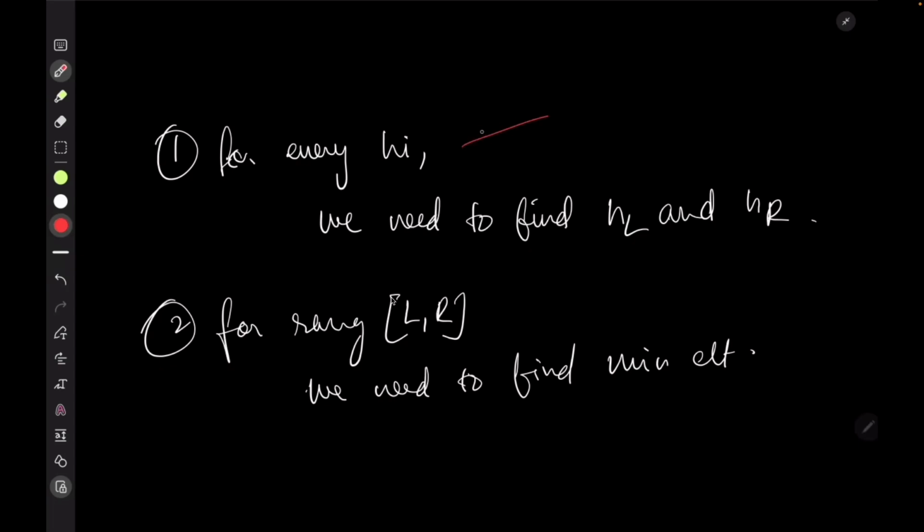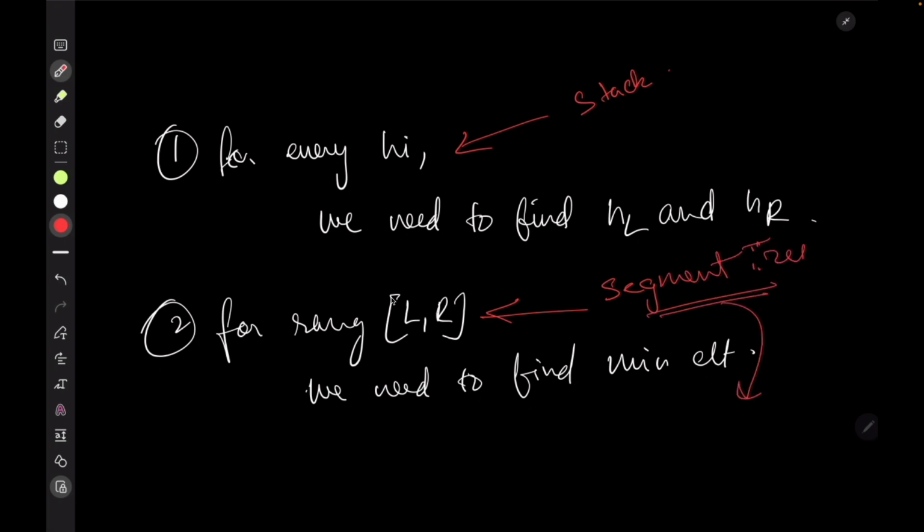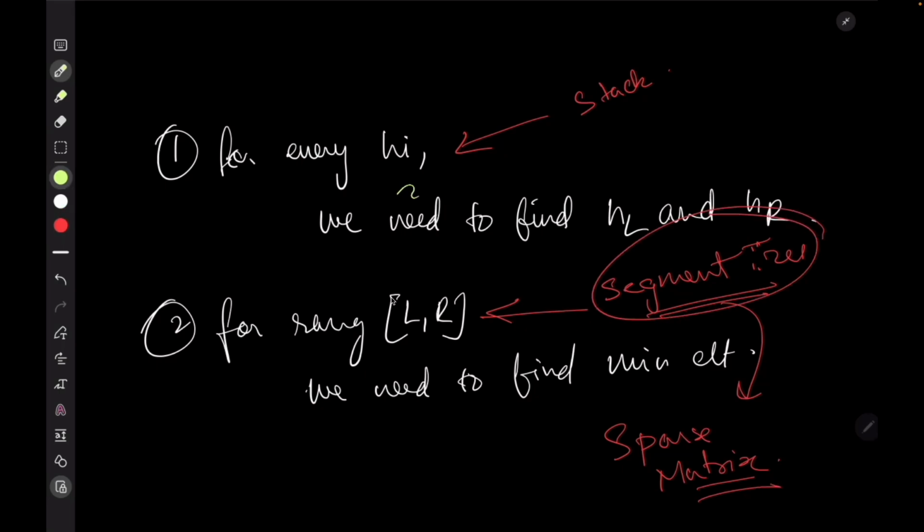This is a very standard problem based on stack, and this is a very standard problem based on segment tree. It can be more efficiently done using a sparse table, but as this was a contest based on trees, we'll use segment trees. So how can we calculate hl and hr?